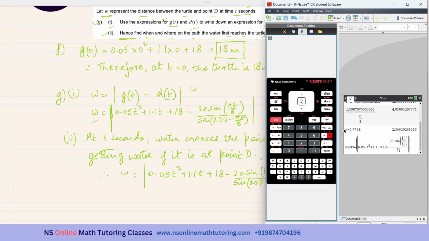So again this pi times t over 8, and it is sine 2.37 minus pi t over 8.